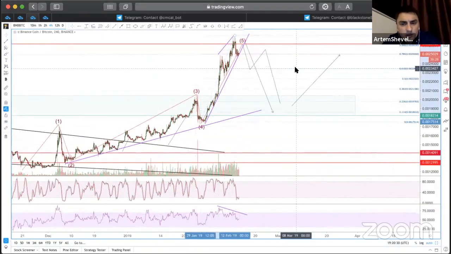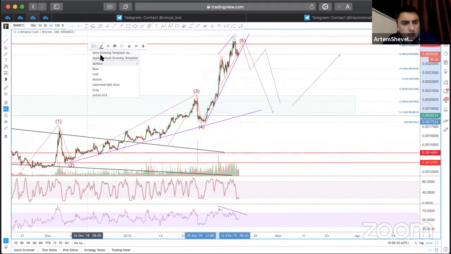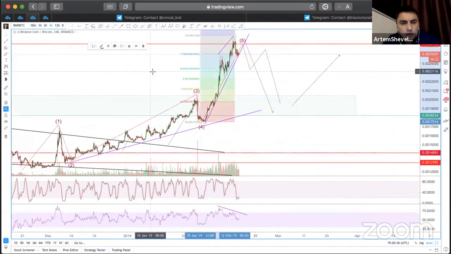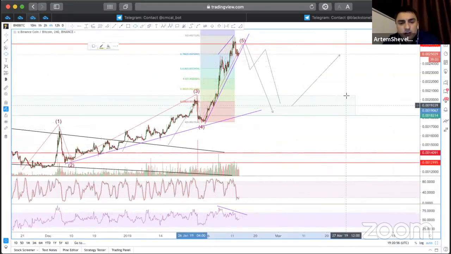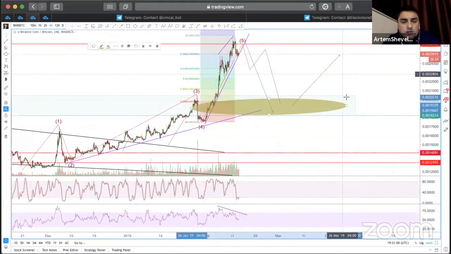Let me use classic Fibonacci. You can see the price is heading to the 0.2 Fibonacci level, somewhere below the third wave and below the fourth wave. So this is actual demand for Binance Coin in this period, where you can set some buy orders to trade a rebound to the upside in the next months.